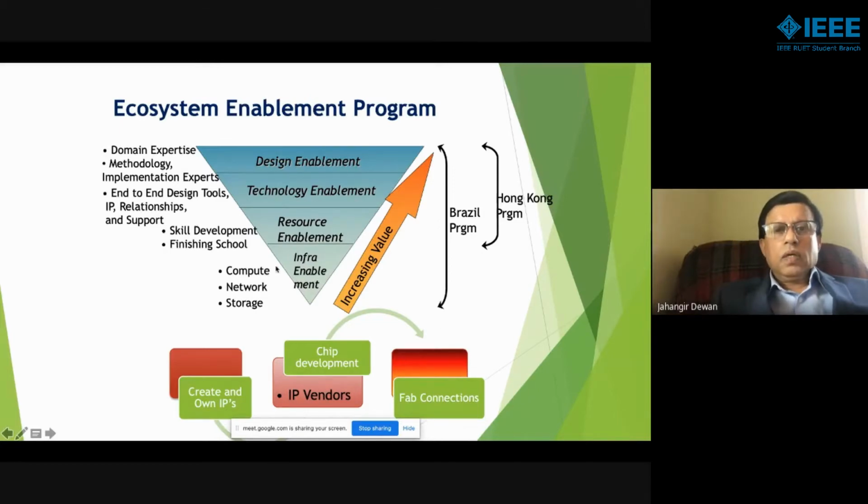So in this process, what you need is infrastructure, and then you need resources, which is your research assistants or students. Of course, technology is available, and you can do the design. The same thing happened in Brazil and Hong Kong. This is how they did it. So we don't have to reinvent the wheel. We can do it the same way.